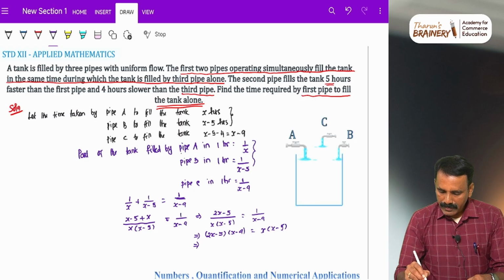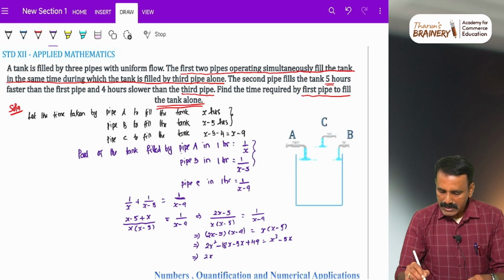We multiply. So 2x square, 2x into minus 9 is minus 18x, minus 5x, minus 5 into minus 9, it will be plus 45 equal to x square minus 5x. We bring all the terms together.